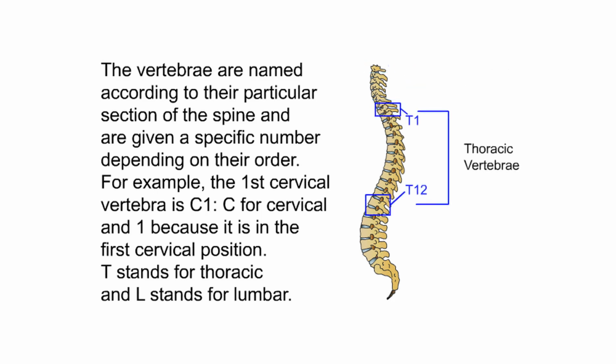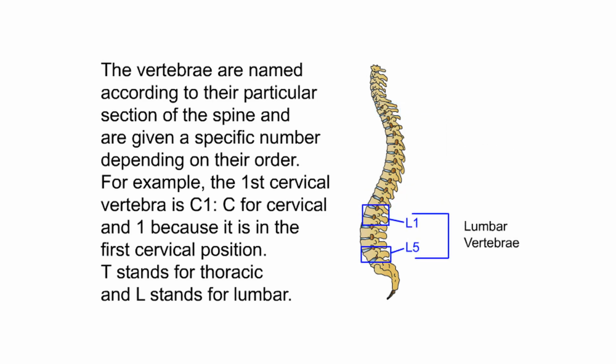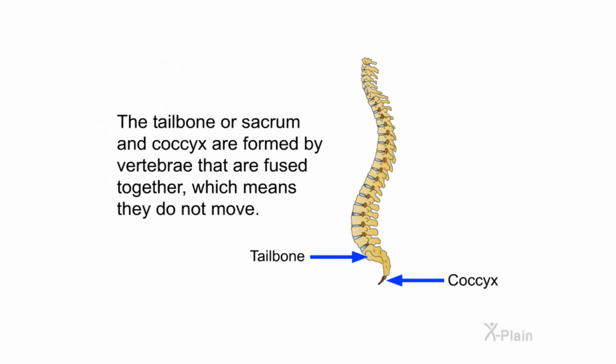For example, the first cervical vertebra is C1, C for cervical and 1 because it is in the first cervical position. T stands for thoracic and L stands for lumbar. The tailbone or sacrum and coccyx are formed by vertebrae that are fused together, which means they do not move.